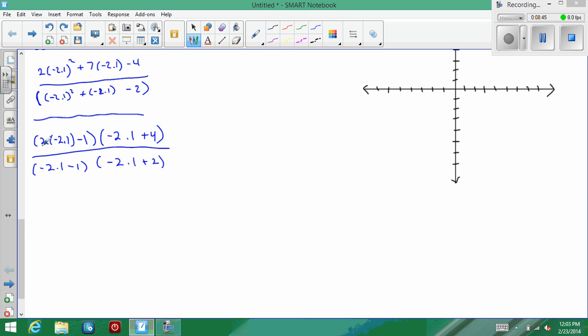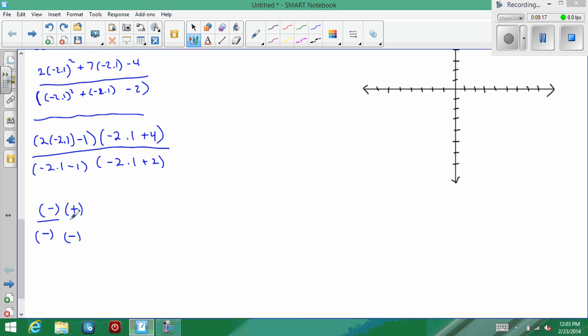Is it positive or is it negative? So when I multiplied 2 times negative 2.1, that's negative 4.2, minus 1 is negative 5.2. So that's a negative number. Negative 2.1 plus 4 is going to be a positive number because the positive number was a larger value than the negative number. Negative 2.1 minus 1 is a negative number, and negative 2.1 plus 2 is negative again, because the negative number here was a larger value than the positive.